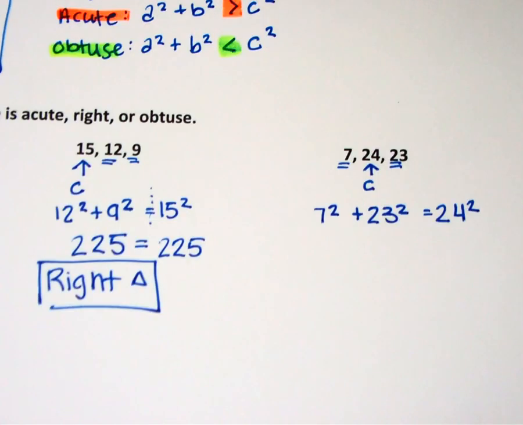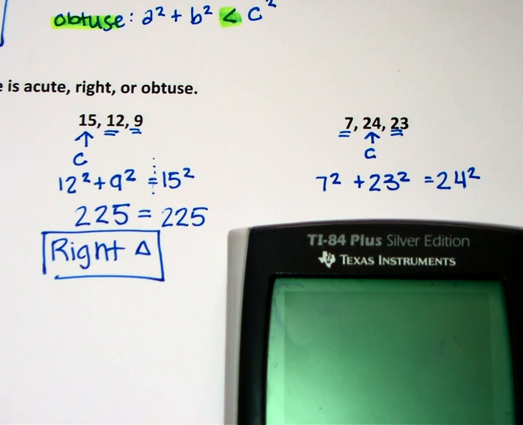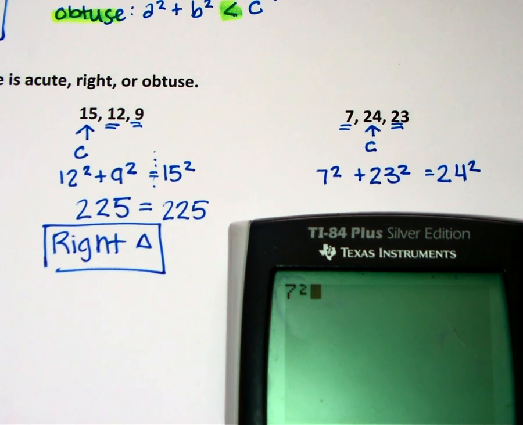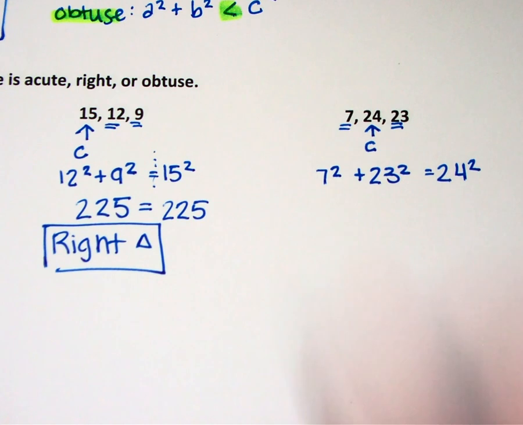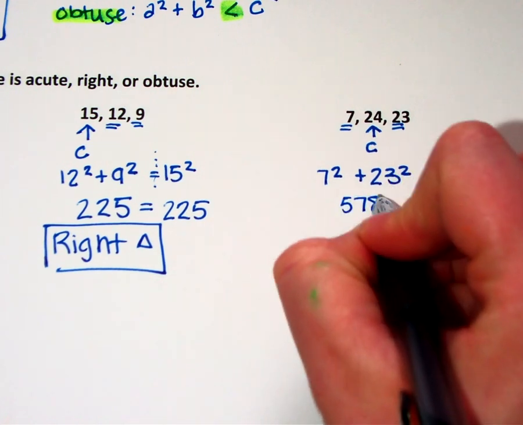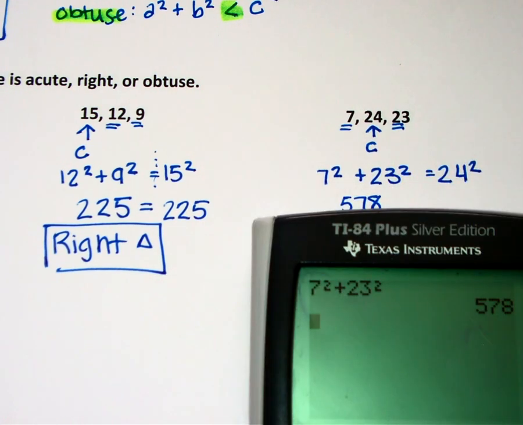I'm going to type this straight into my calculator. So 7 squared plus 23 squared gives us a total of 578. I'm also going to do my 24 squared, which gives us a value of 576.